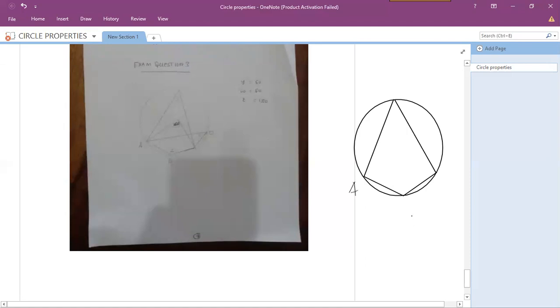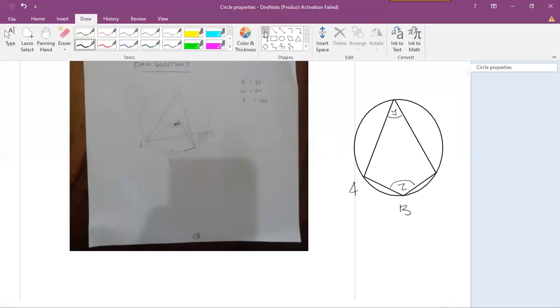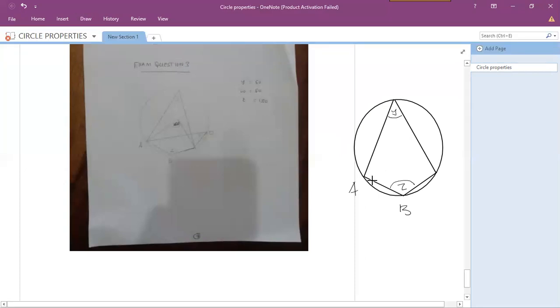Therefore, this is a cyclic quadrilateral. And here there's an angle Y, and here there's an angle Z. Then let's look at this angle that's been formed at the center, so that you can even see this rule, that the angle formed at the center will be twice the angle on the circumference.